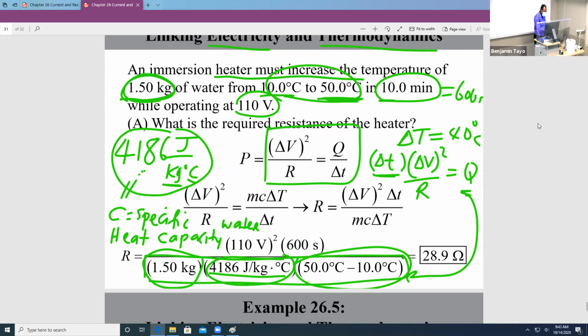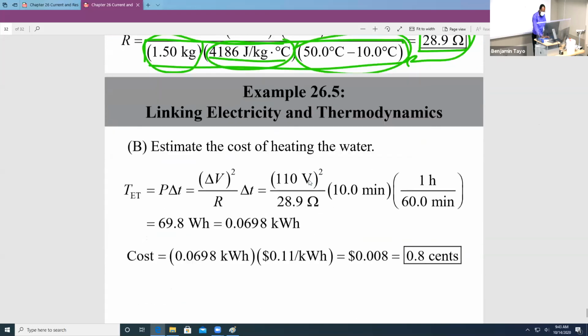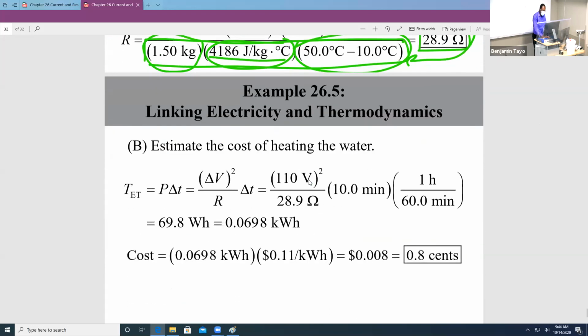And delta V is the voltage, and then you want to solve for the resistance. So if you just rearrange those equations together, you end up with this value. And finally, it says to estimate the cost of heating the water.